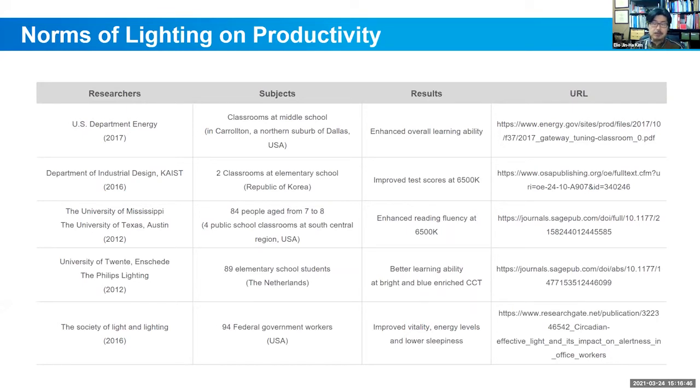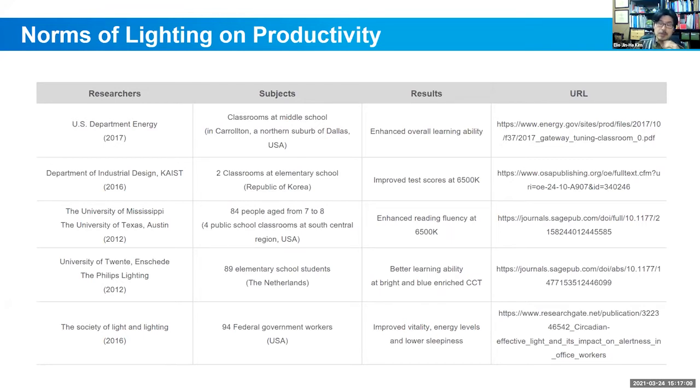I can give you a list of research reports and papers from academia and government agencies on the effect of lighting conditions on learning abilities, performance and vitality of the subjects under research.